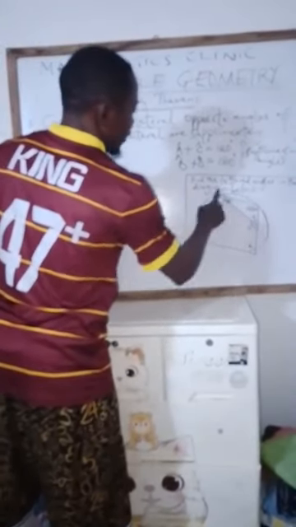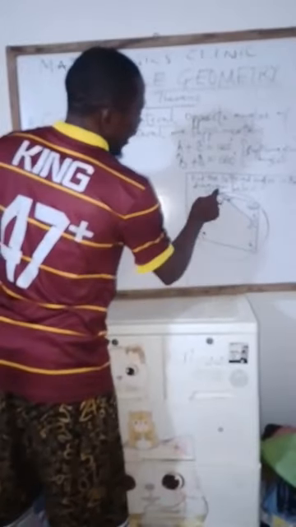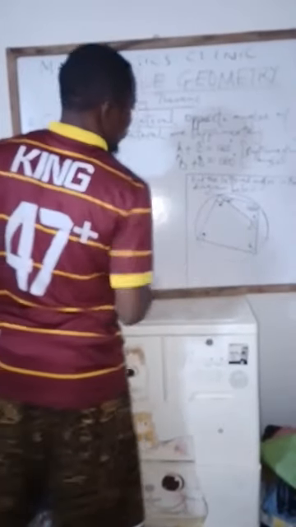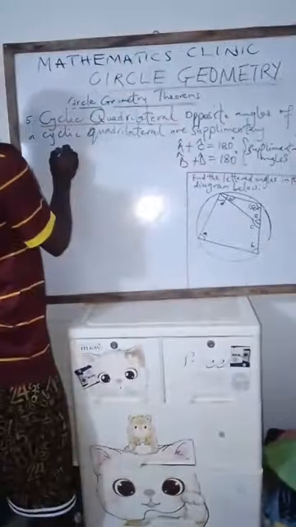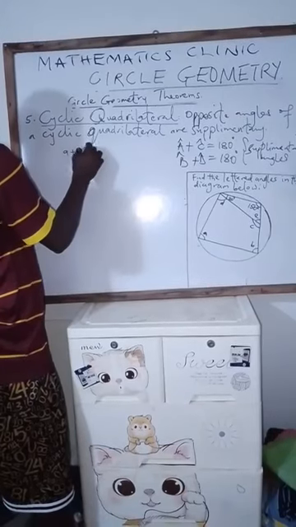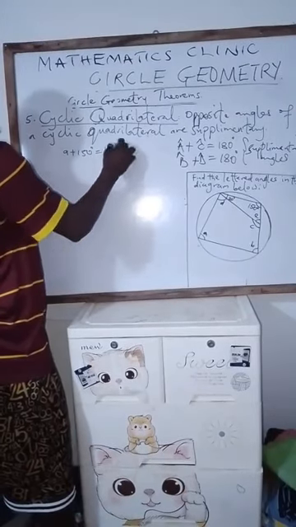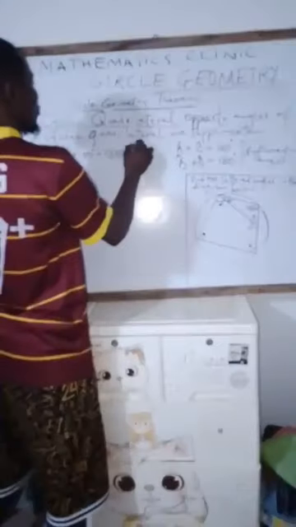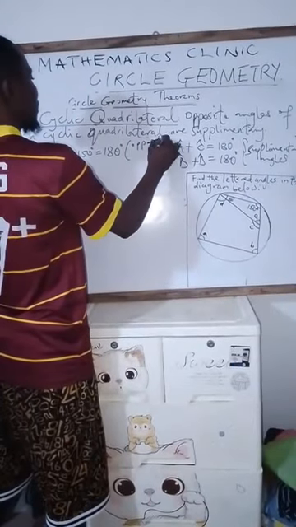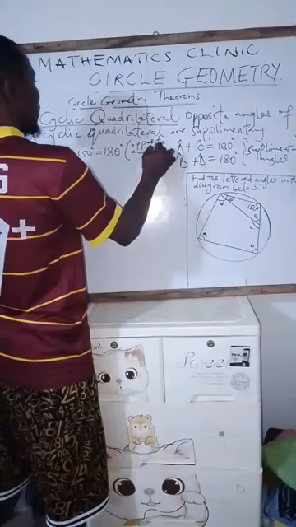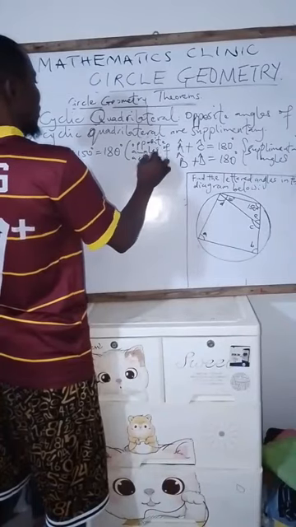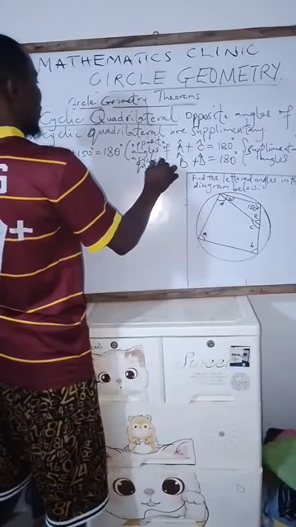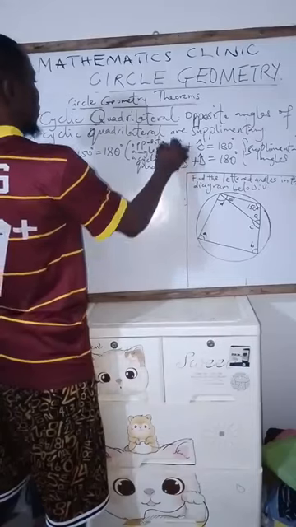So the four of them are on the circumference of the circle. What do we then do? We say A plus 150 degrees is equal to 180 degrees. Why? That is opposite angles of a cyclic quadrilateral.